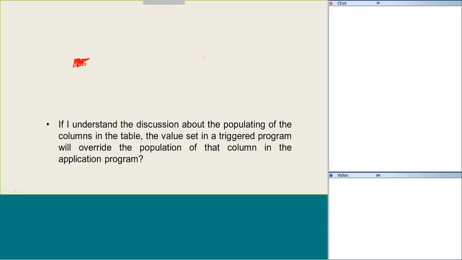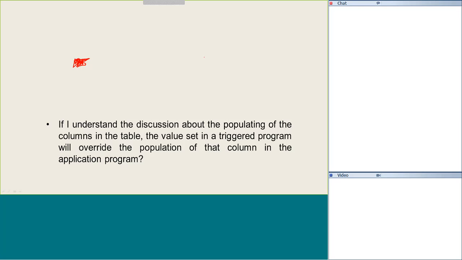And the trigger can, if you allow it to, and I stress that, you have control of this, change the contents of fields, which will override a column before that column gets applied to the actual table. So the trigger program can do that.